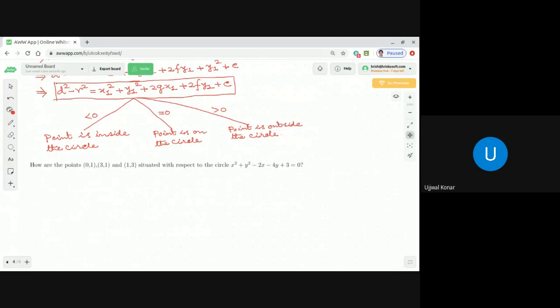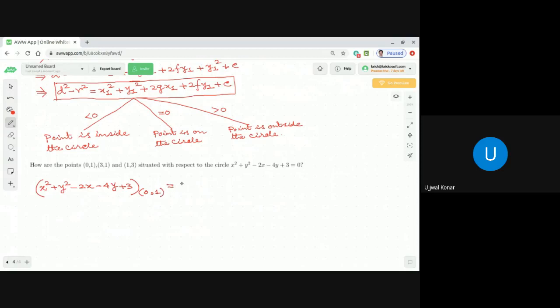The task is very simple, dear students. We are going to find the value of the expression x square plus y square minus 2x minus 4y plus 3 when x is equal to 0 and y is equal to 1.